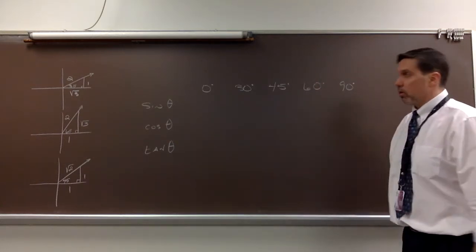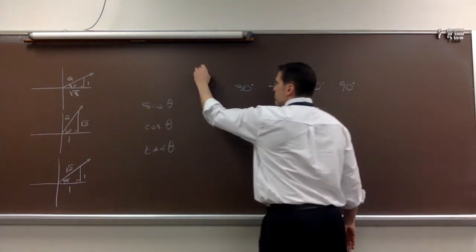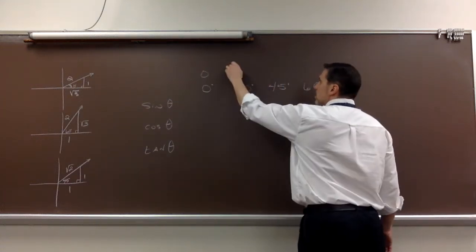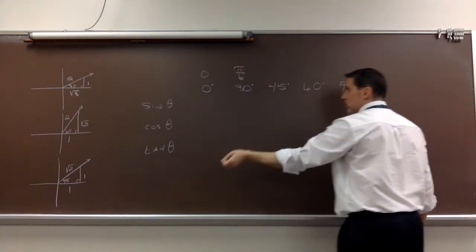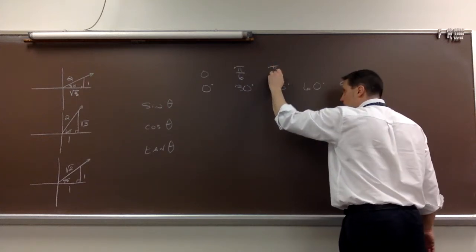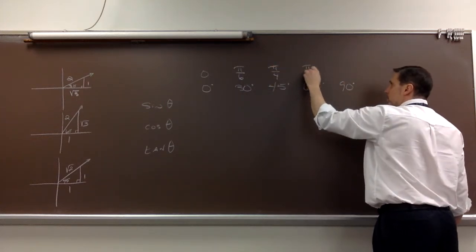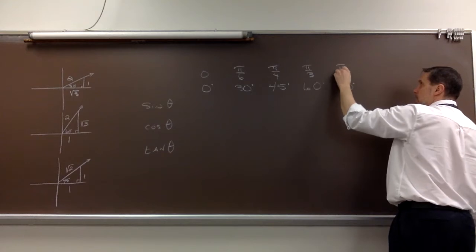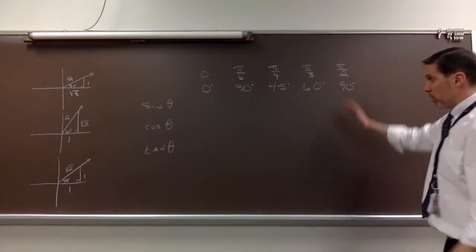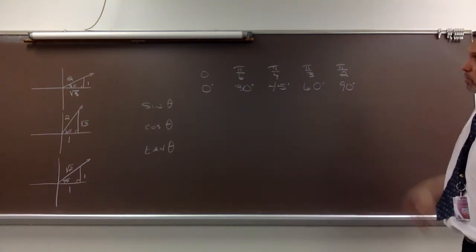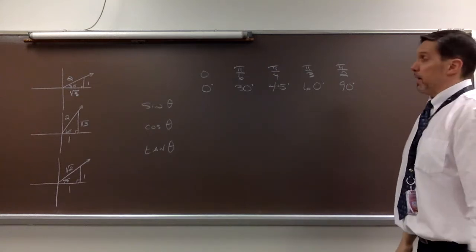And it'd be wise to know these in terms of radians. Of course, 0 is easy, that's 0 radians. 30, if you remember, is pi/6, 45 is pi/4, 60 is pi/3, and 90 is pi/2. It would be very wise to start to remember those as well, if we haven't already.